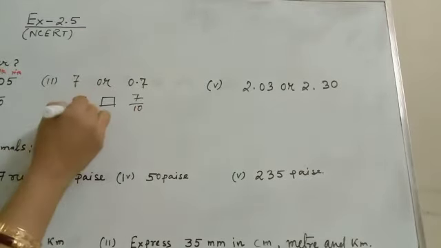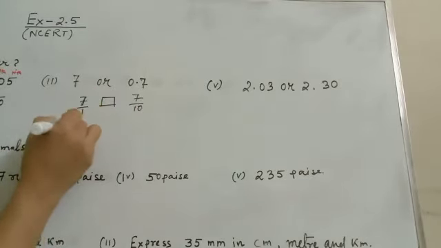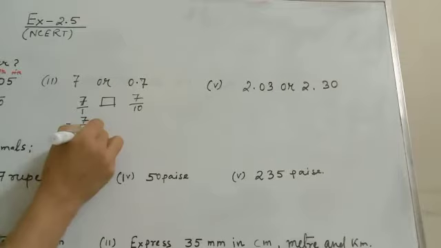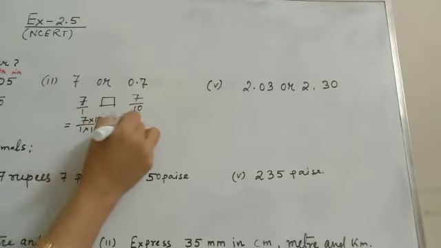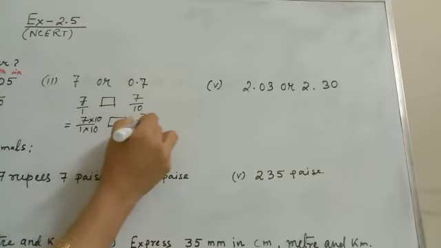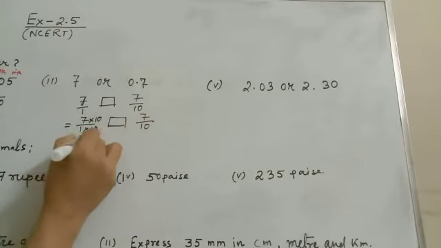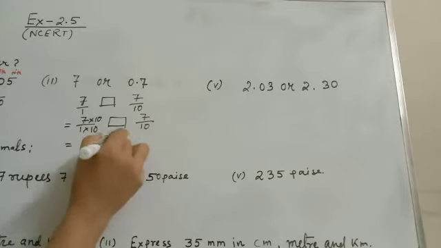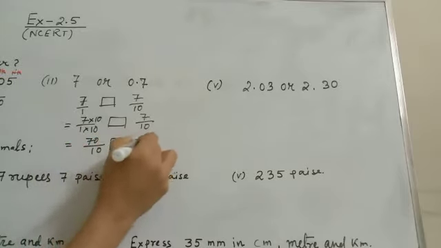If you want to make the denominators the same, you can do it the same way, the LCM is 10. So 7 by 1 into 10 gives 70 by 10, and the other is 7 by 10.